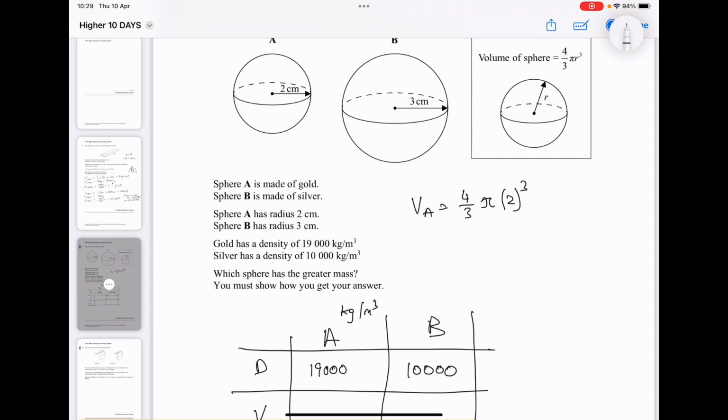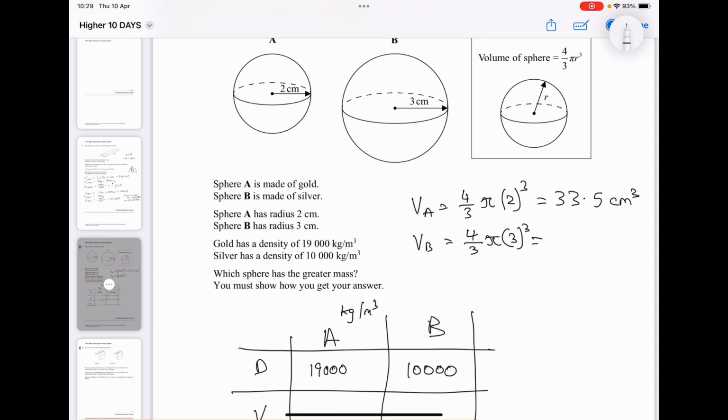That gives me 33.5 centimetre cubed. And then the volume of B is 4/3 pi 3 cubed.